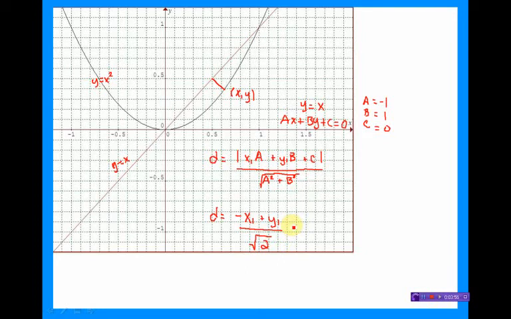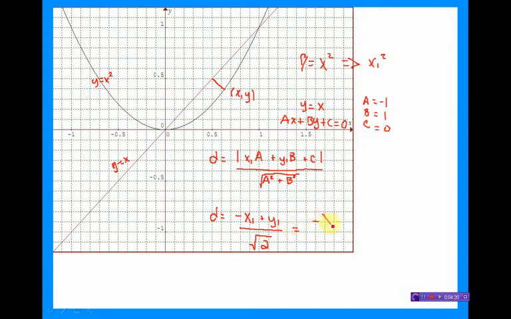So that's going to be the distance between the two lines at any time in terms of x and y. Now I want everything in terms of one variable. So my y1, however, because y1 always falls on the line y equals x squared, y1 is just going to be x1 squared, isn't it?